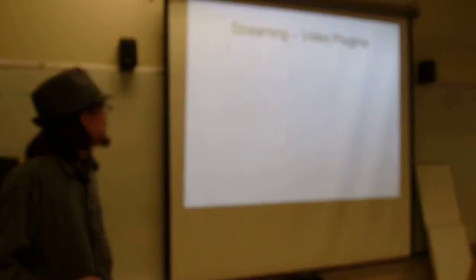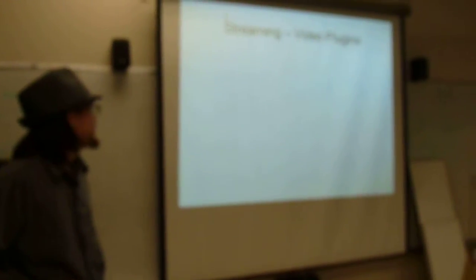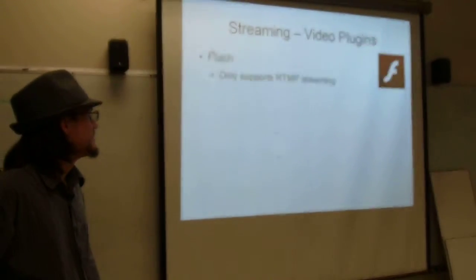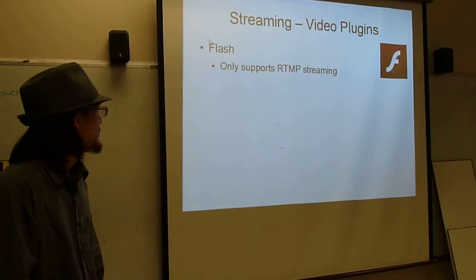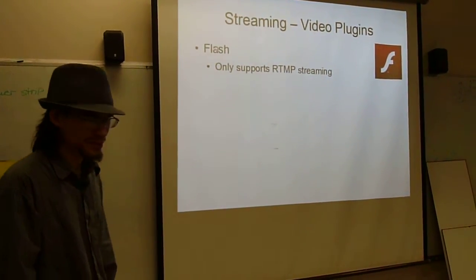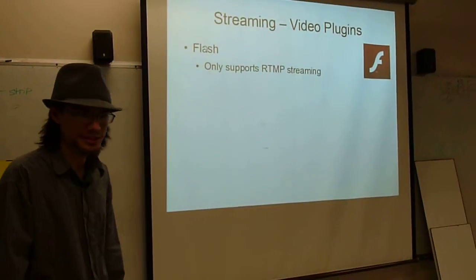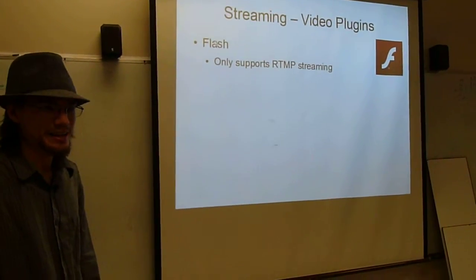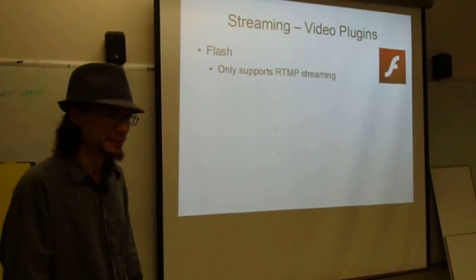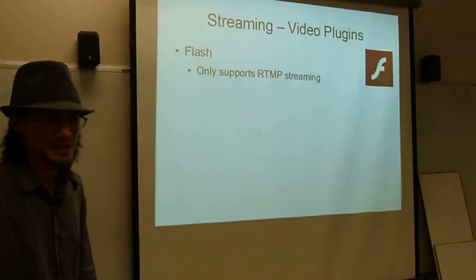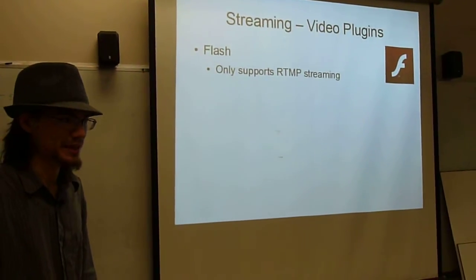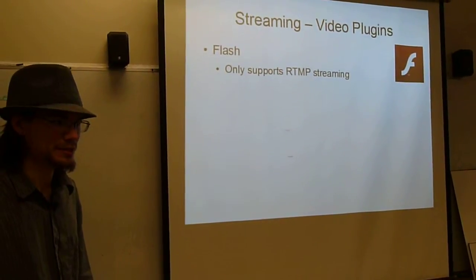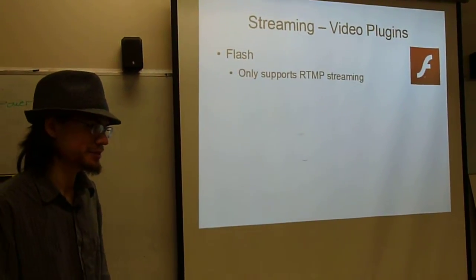Alright, so there are about 4 different video plugins that are widely used. The first one is Flash. The problem with Flash is that it only supports RTMP streaming. RTMP is a protocol that was developed by Adobe specifically for Flash, so it isn't very well supported in open source media streaming or media servers.